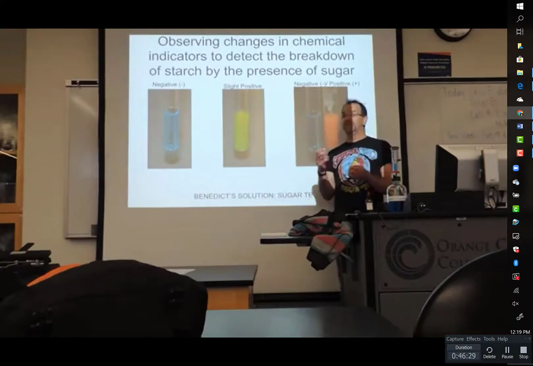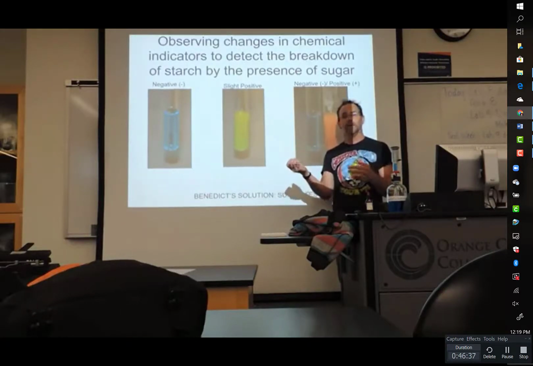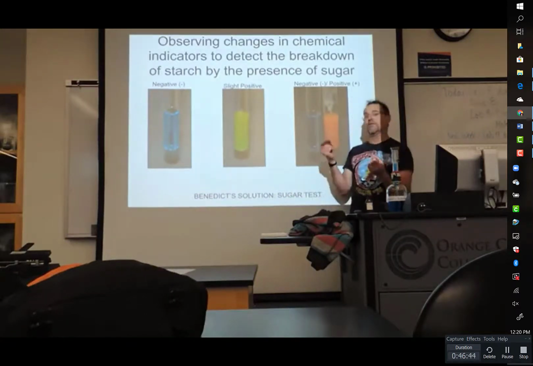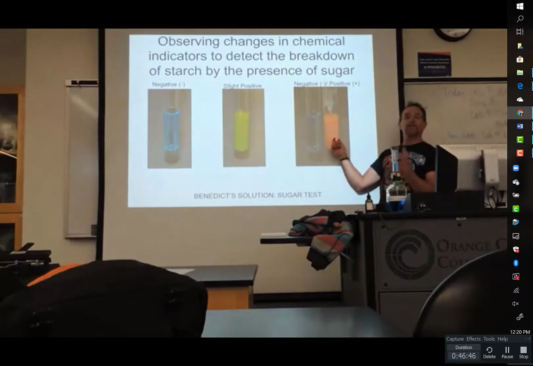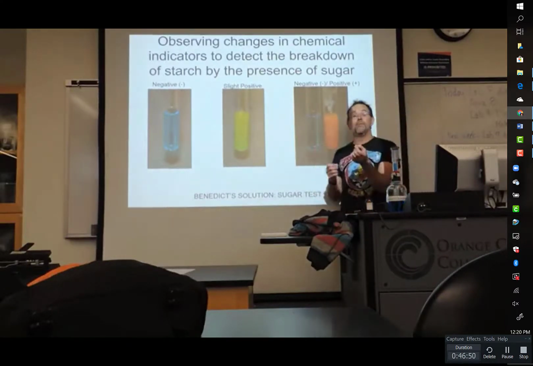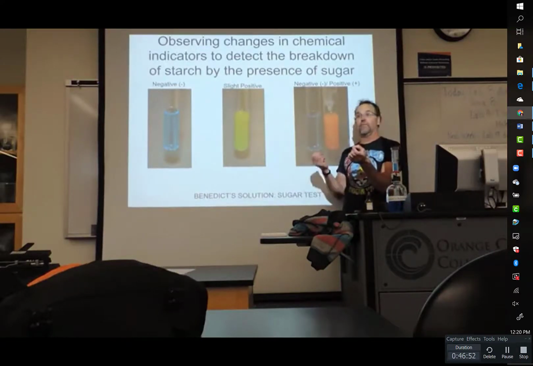Benedict's tests for simple sugars, monosaccharides or disaccharides. And we know that in one of our 4 test tubes, where we only put maltose in, test tube D, we know that that one's going to test positive. And a positive result turns bright orange, like carrot juice. We know that at least one will be negative for maltose.